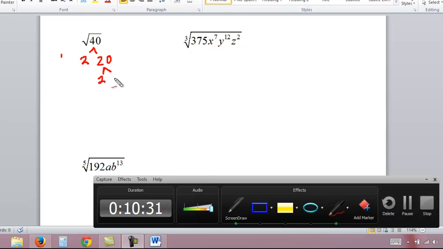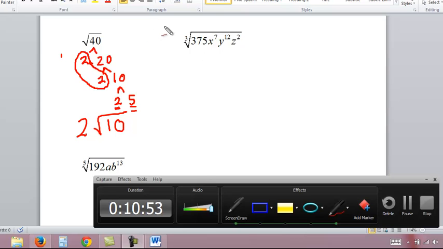So 2 and 20, and then 2 and 10, and then 2 and 5. Well, square root means 2 at a time. So this 2 comes on the outside, and then leftovers, well, they came again from multiplication, so it would make sense for them to multiply back together to become 10.